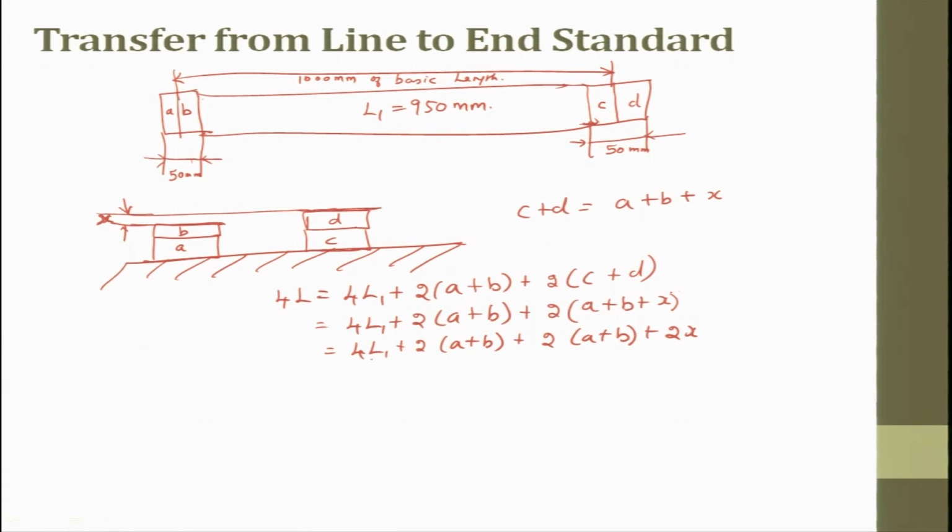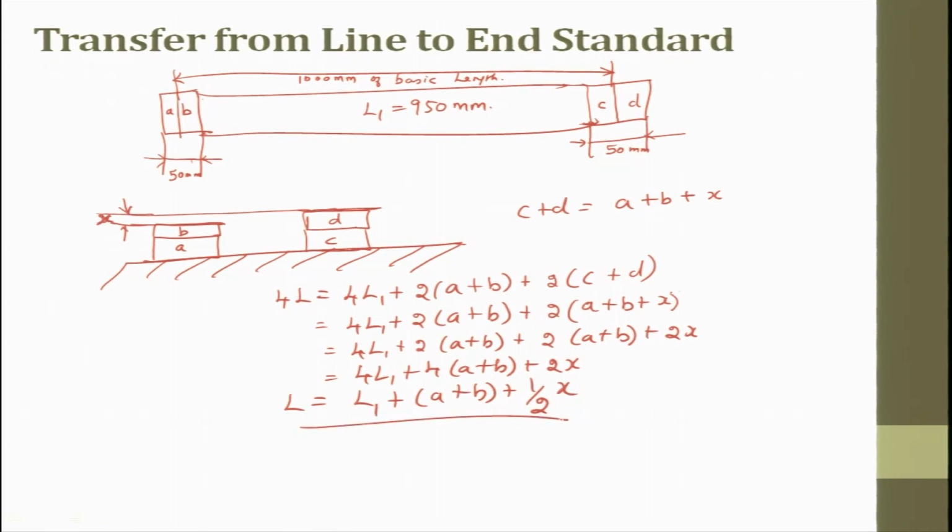Now if we rearrange, it will be 4 times L1 plus 4 times A plus B plus 2x. So this is 4L. Now when you divide both sides by 4, what you get is L equal to L1 plus A plus B plus half of x.